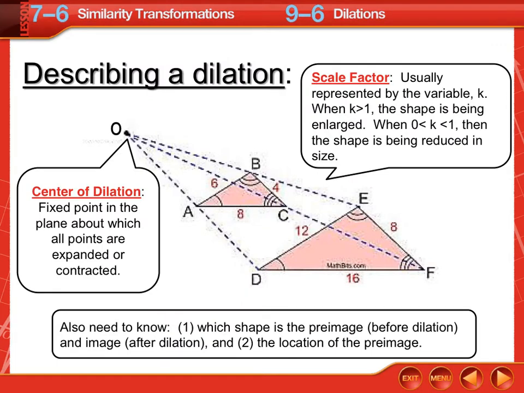So what do we need to do to describe a dilation? Well, first let's think about the word dilation. You may or may not associate that with the pupil in your eye. If you are in a dark room, the pupil of your eye is very wide in order to have more light enter. And if you immediately walked out into the sunshine, that pupil would shrink and dilate down.